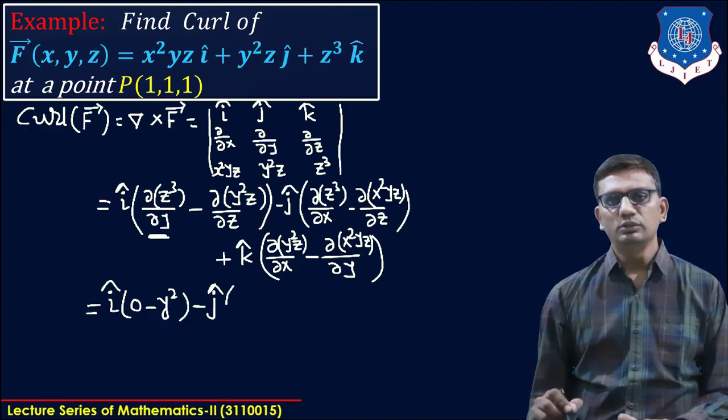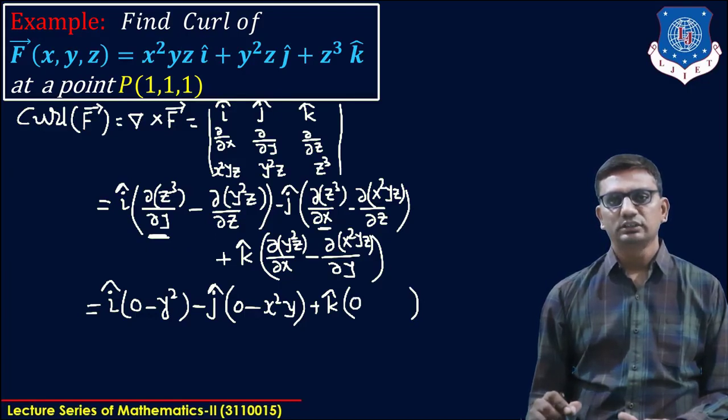For j caret, the first term is 0 because it does not contain x, and the second term will be x square y, because the partial derivative of x square yz with respect to z is x square y. In the last component, the first term is 0 because it does not contain x, and in the second term we have x square z.